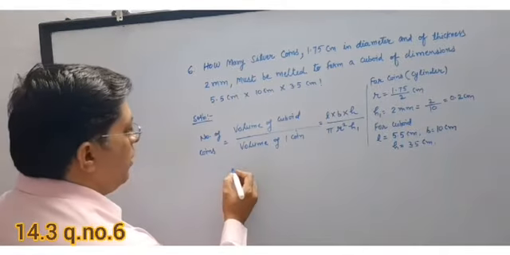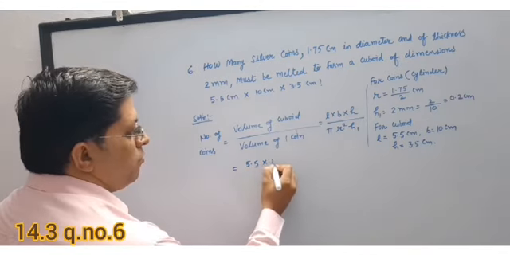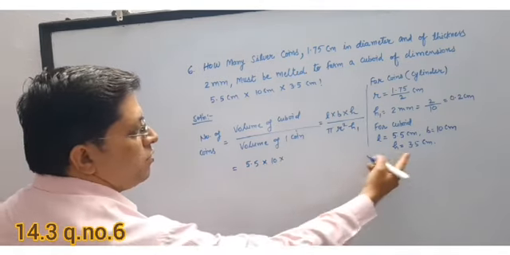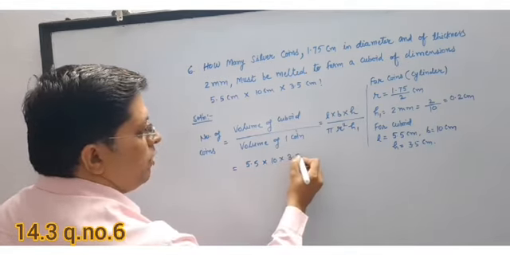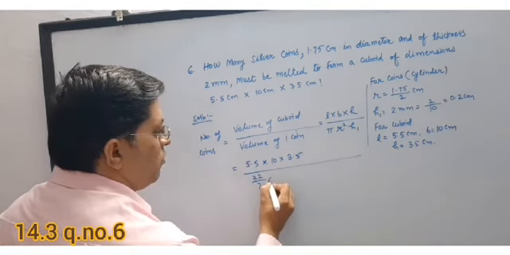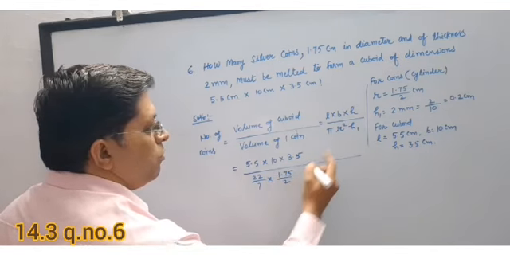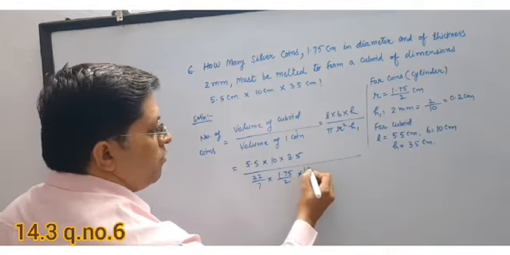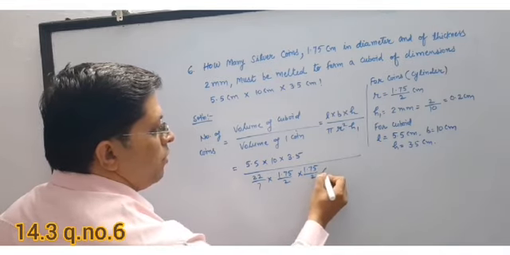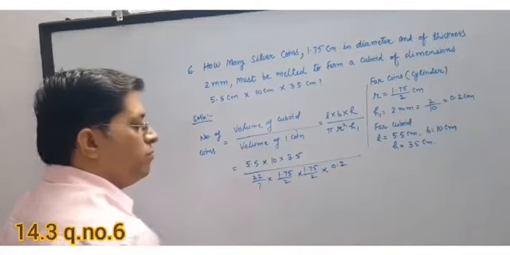I'm going to put the values. L is 5.5 centimeter, B is 10, and H is 3.5 centimeter, upon pi is 22 upon 7, r is 1.75 upon 2, and because of the square, 1.75 upon 2 again. What is h1? It is 0.2.